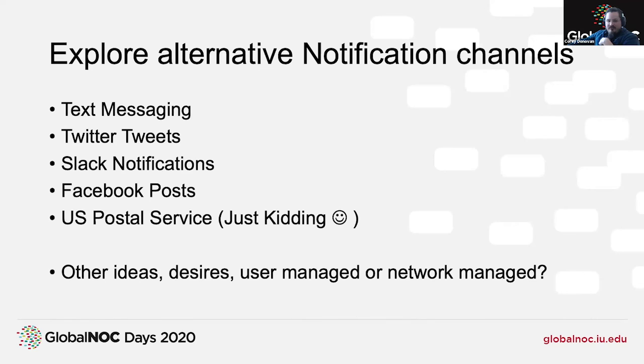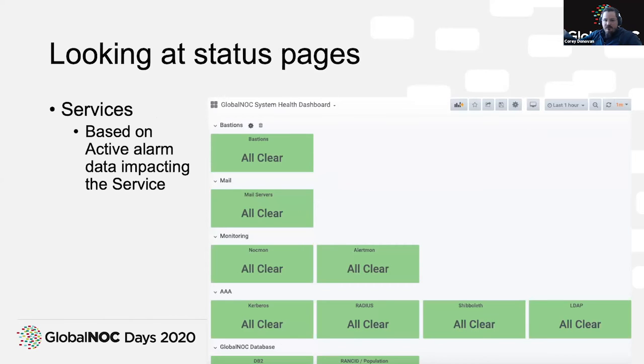One of the things that I've heard from quite a few people, and I think some of them had to drop off for conflicts, is that some networks are interested in something that pushes to a running list. I know that earlier we talked about the portals and a status page, but if you look at the Slack status page, they have a running log of updates that have gone out to the community for big events.